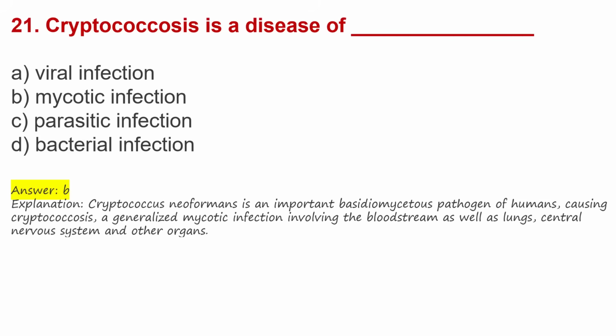Cryptococcus neoformans is an important basidiomycete pathogen of humans causing cryptococcosis, a generalized mycotic infection involving the bloodstream as well as the lungs, central nervous system, and other organs. So Cryptococcus neoformans is an example of a fungus that causes a disease in humans called cryptococcosis, affecting the bloodstream, lungs, central nervous system, and other organs.